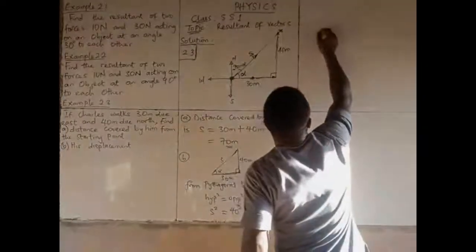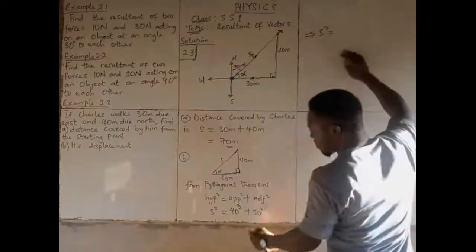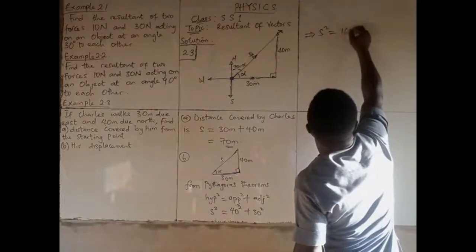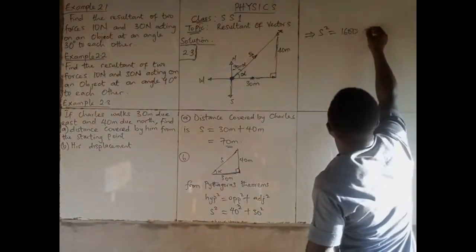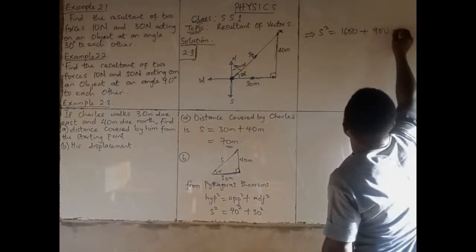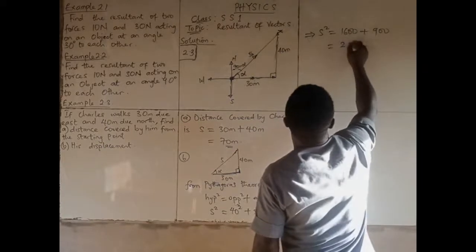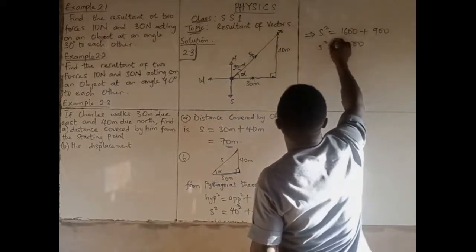Therefore, S squared equals 40 squared, which is 1600, plus 30 squared, 900. And 1600 plus 900 will give us 2500, which is S squared.